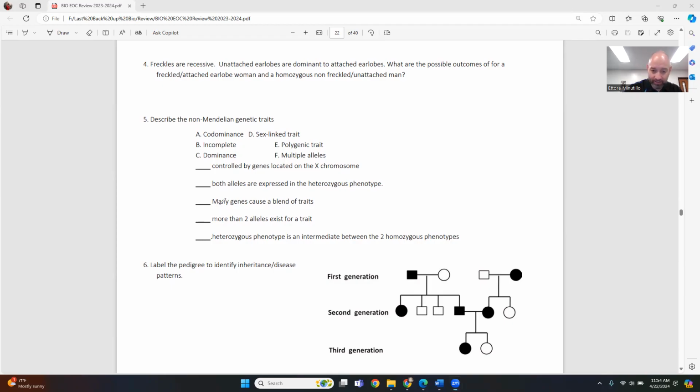So back to annotations. If I were to set this up for freckles first, I know that she is recessive. So she's going to be bringing little f for freckles.